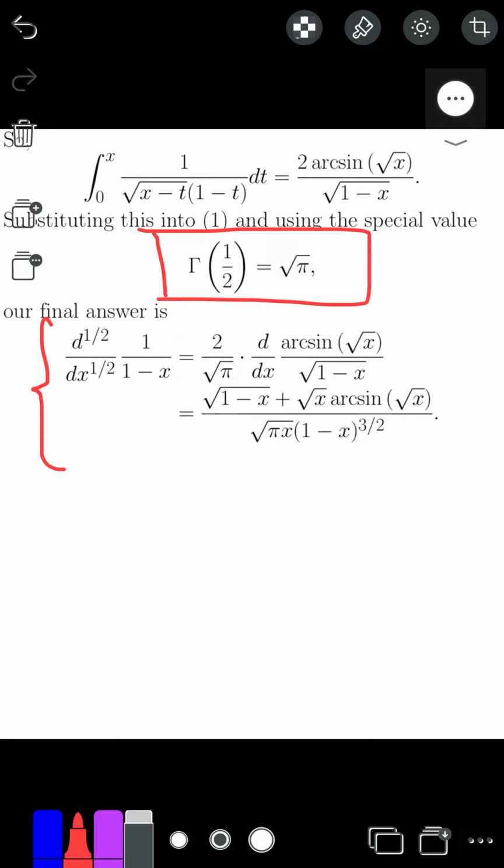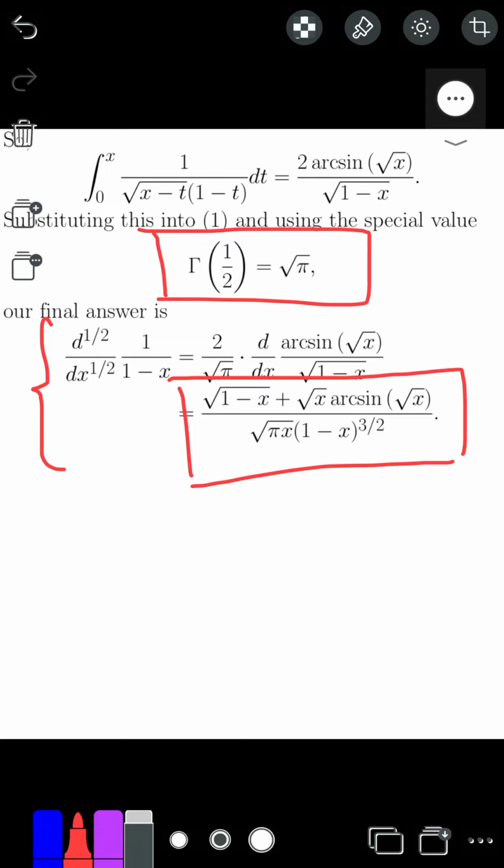The semi-derivative of 1 over 1 minus x is 2 over square root of pi times the first derivative with respect to x of arcsine of square root of x over square root of 1 minus x. And at this step, it's just some tedious algebra, the quotient rule, and then you get this final answer right here.